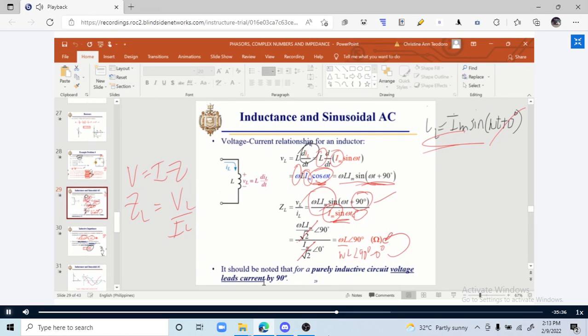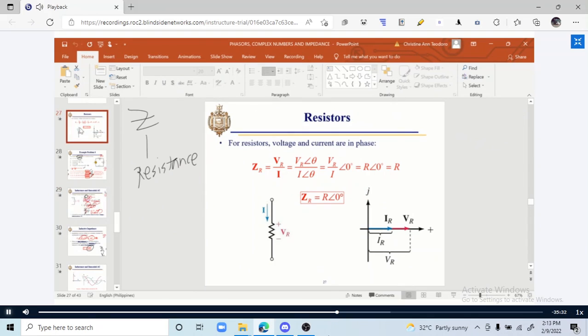And it should be noted that for a purely inductive circuit, voltage leads current by 90 degrees. That's why, a while ago, the resistors are in phase. They are of the same phasing, which means that their displacement is zero.